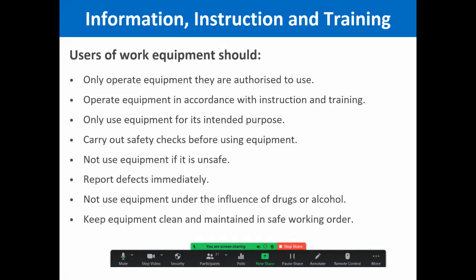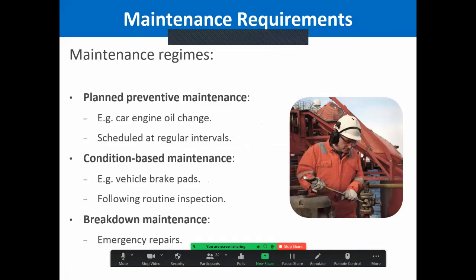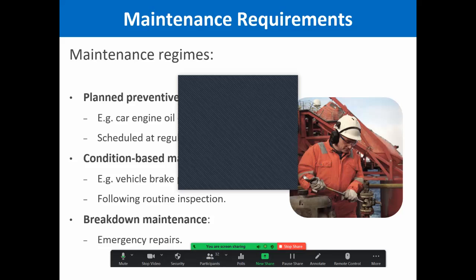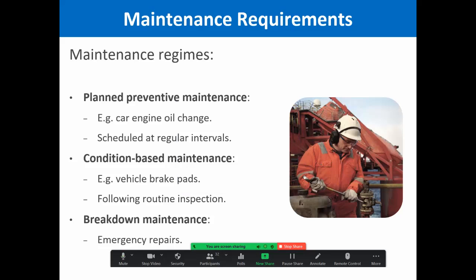Keep equipment clean and maintained in a safe working order. So you need to make sure that you are maintaining the equipment properly as well. There are certain maintenance requirements of the equipment. For example, there is PPM, planned preventive maintenance.